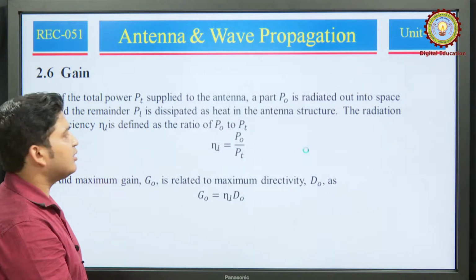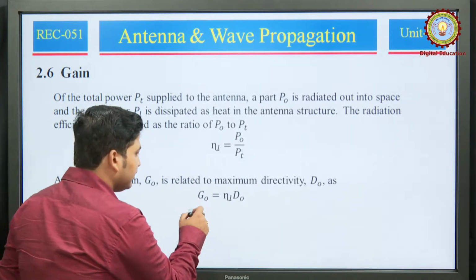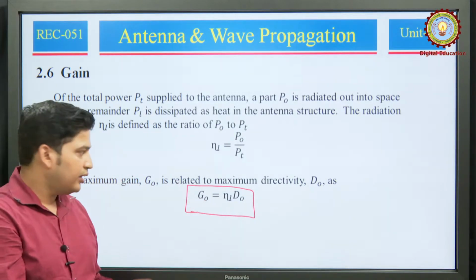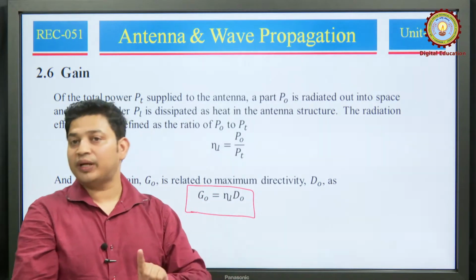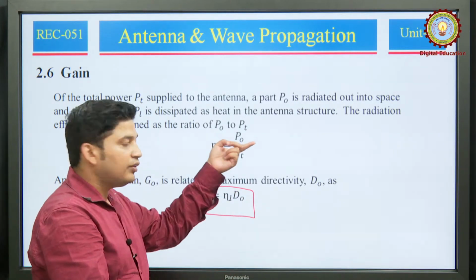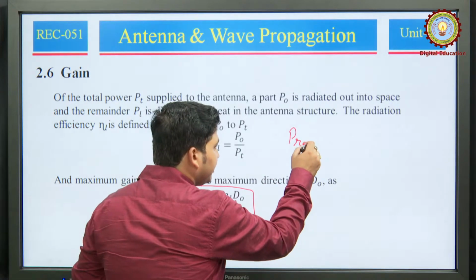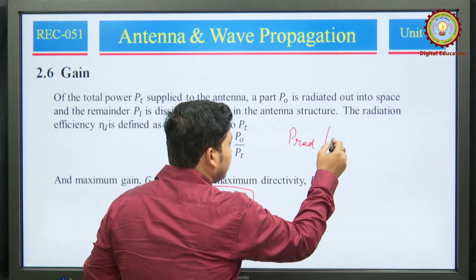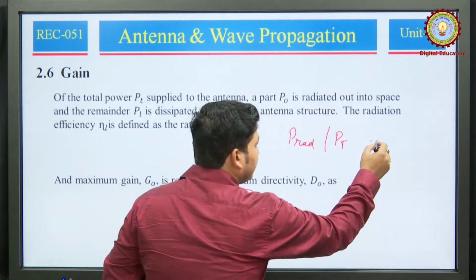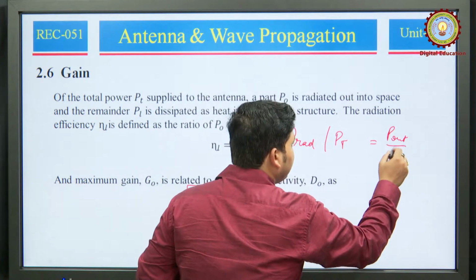Or there is one more formula, that gain is nothing but eta into D naught. D naught again for the isotropic case, eta is nothing but efficiency which is defined as P output or P radiated divided by P transmitted, or one more thing, P output divided by P input.